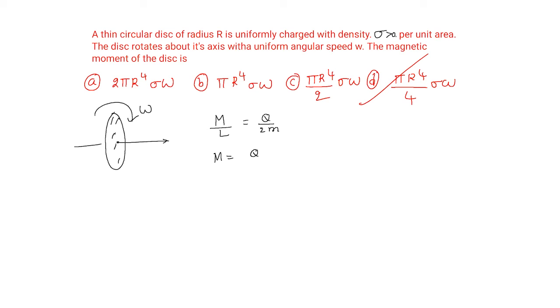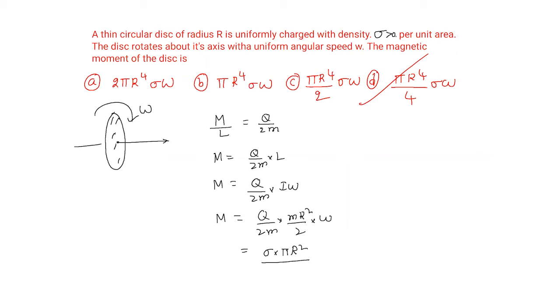M equal to q by 2m into L, where L is angular momentum, I omega. I is the moment of inertia, m r square divided by 2. And Q is sigma into pi r square. So M equals sigma pi r square divided by 2m into m r square omega by 2.